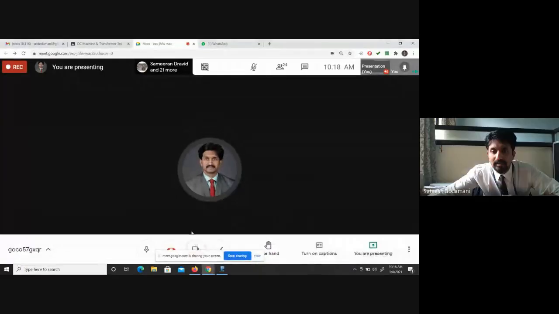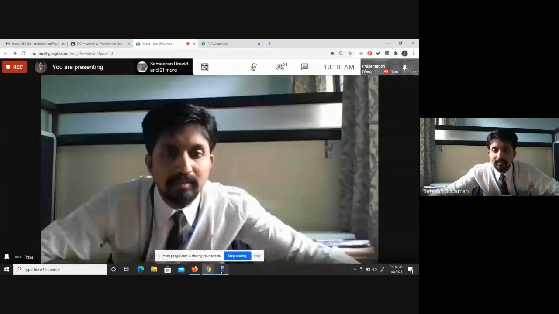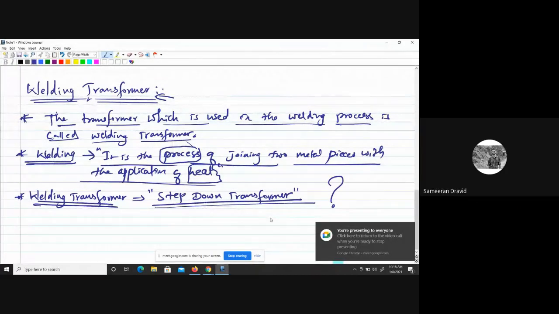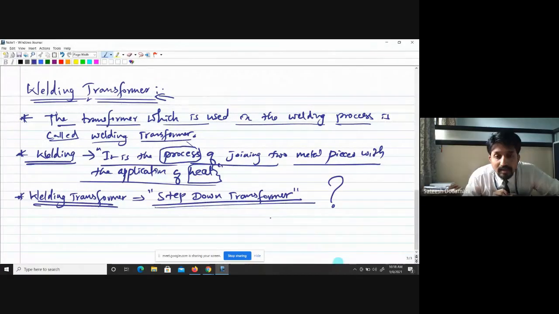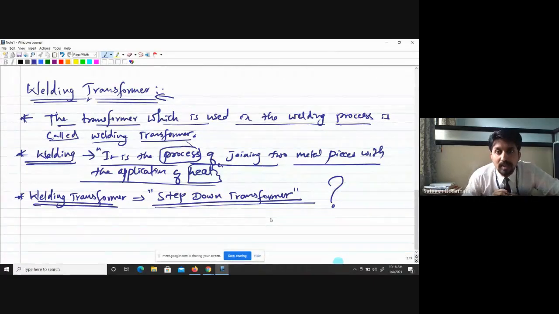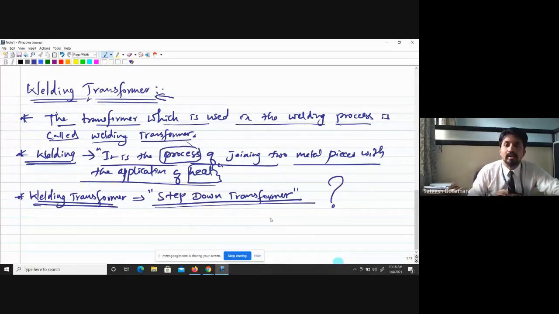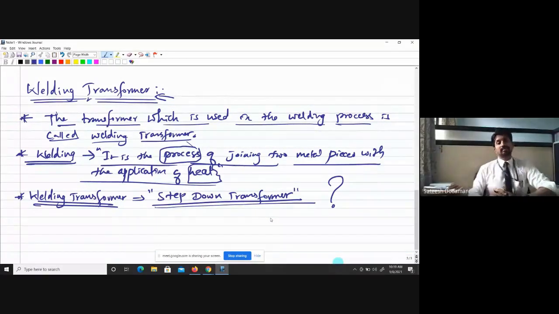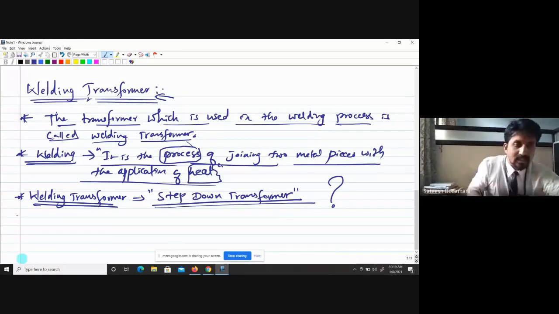That is very good. But now, can you tell me why high current is required? To melt the welding rod. To produce a spark. To produce the arc while joining the metal. Okay, fine. Whatever answer you have given, that is partially correct.